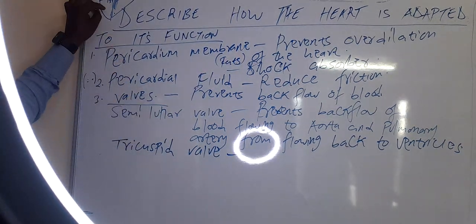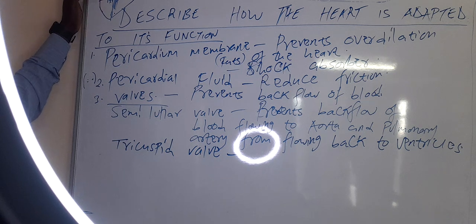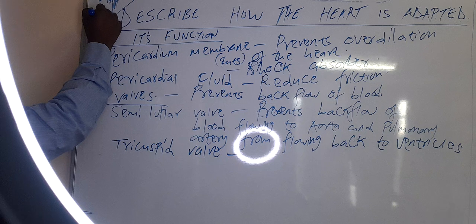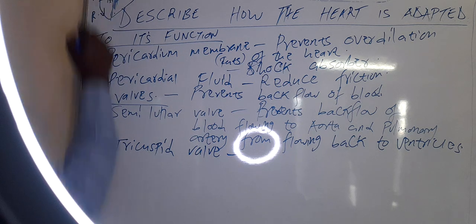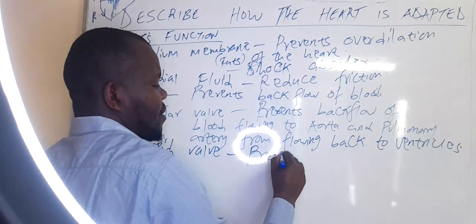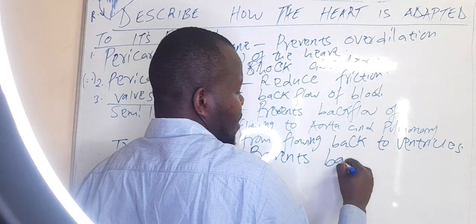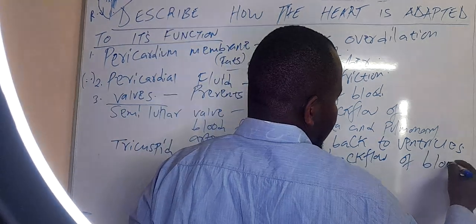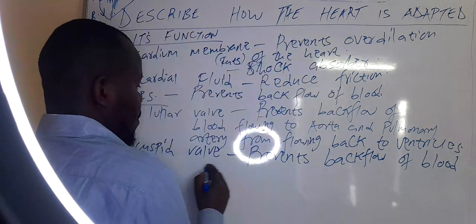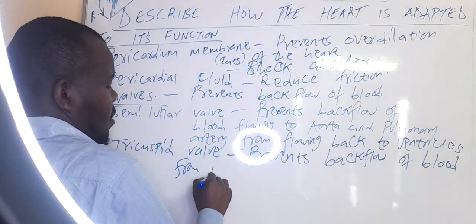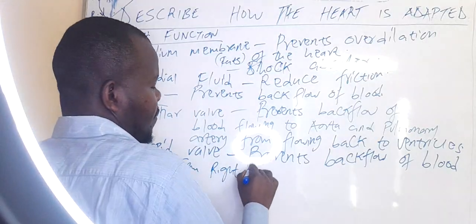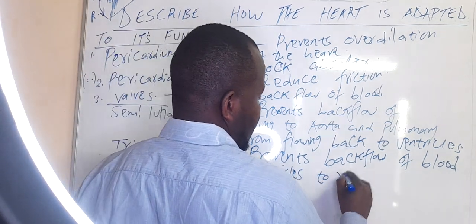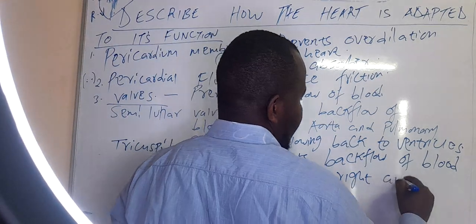This prevents the backflow of blood from the right ventricle to the right auricle.